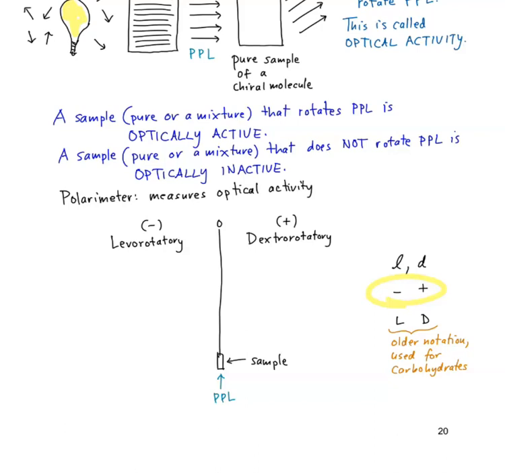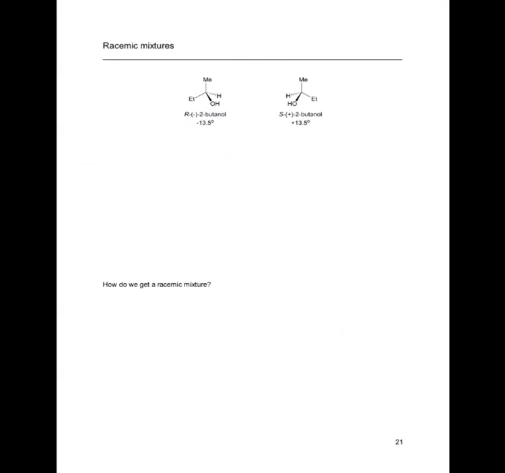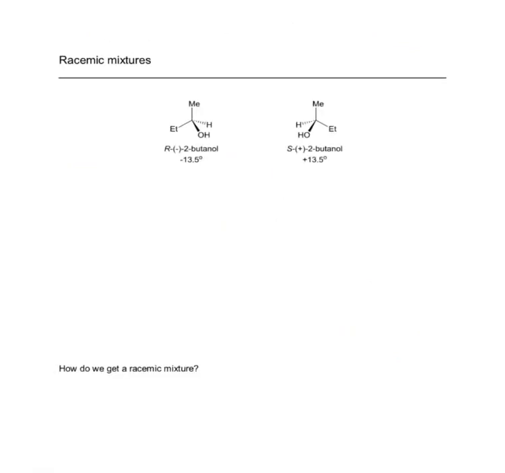Okay, let's look at some other ideas relating to this. Here we have a pair of enantiomers, the enantiomers of 2-butanol. Because there's only one asymmetric carbon, we only have one absolute configuration in each of the structures.